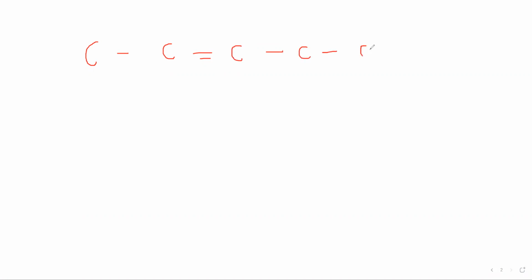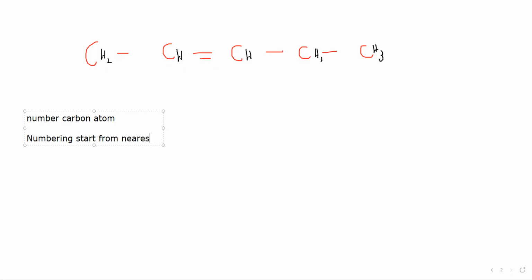So in that case, when you work out the name of the compound, you should number the carbon atoms, and the numbering should start from the nearest double bond.